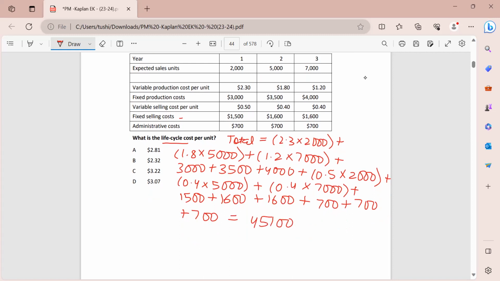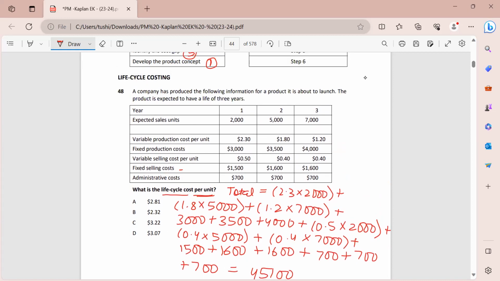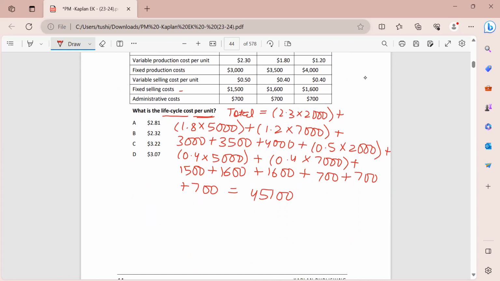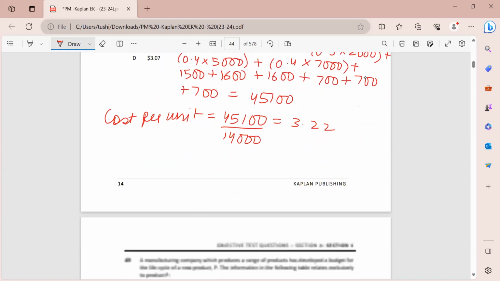And if I divide this by the number of units to find out my per unit cost, my number of units in total is 2000 plus 5000 is 7000 plus 7000 gives me 14,000. So my cost per unit becomes 45,100 divided by 14,000 units. And if I carry out this calculation, I will get my answer as 3.22. That makes option C the right answer.